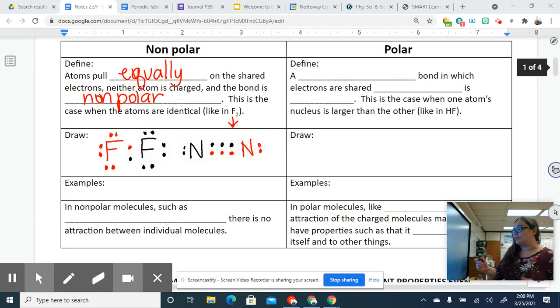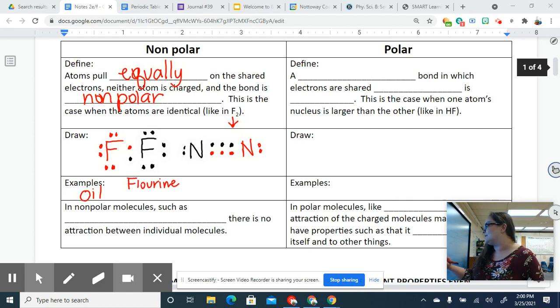So nonpolar things: oil is nonpolar. F2, as you can see, fluorine, nitrogen gas, oxygen are all nonpolar.